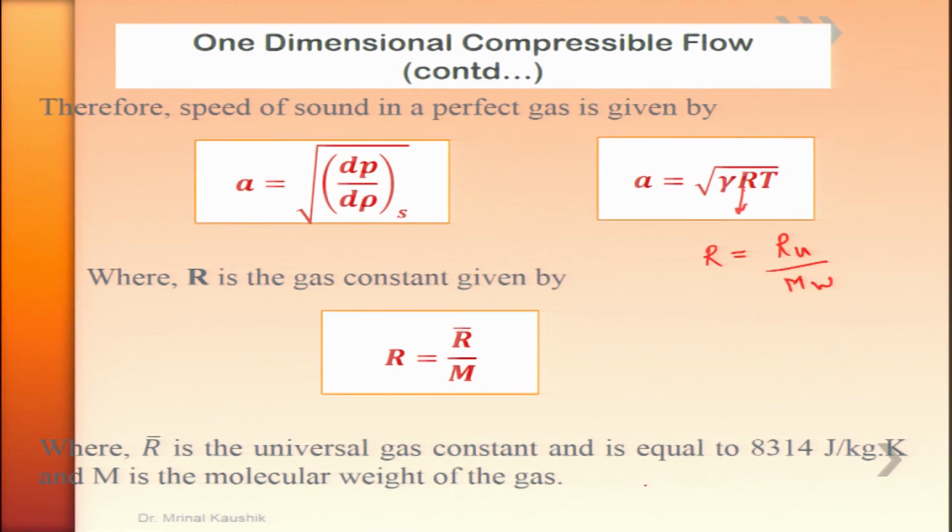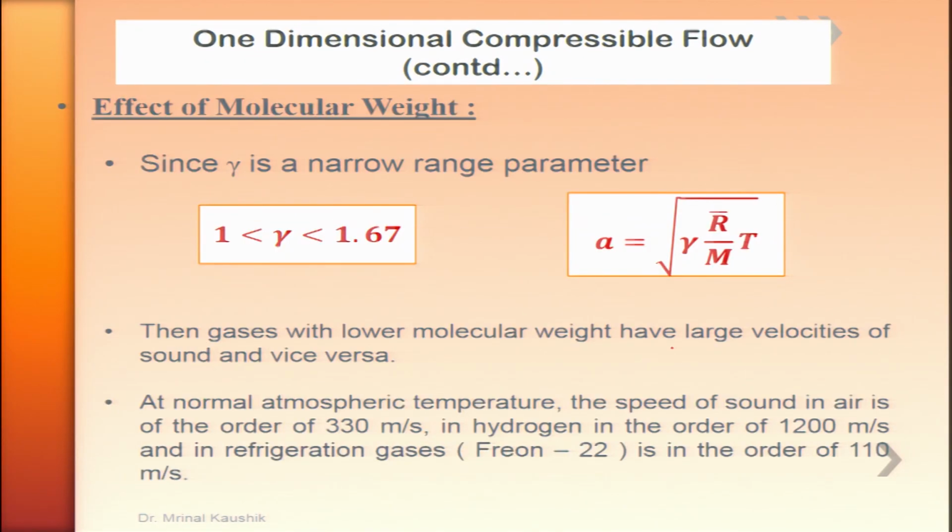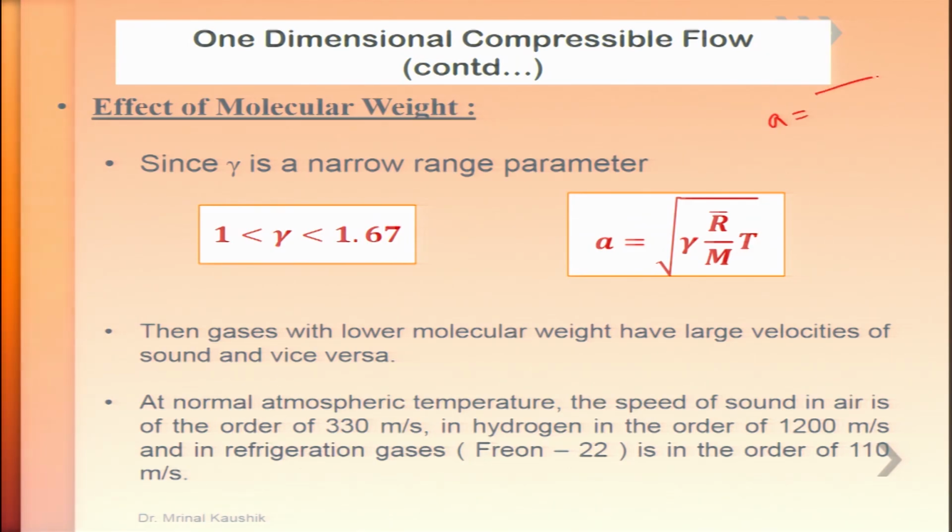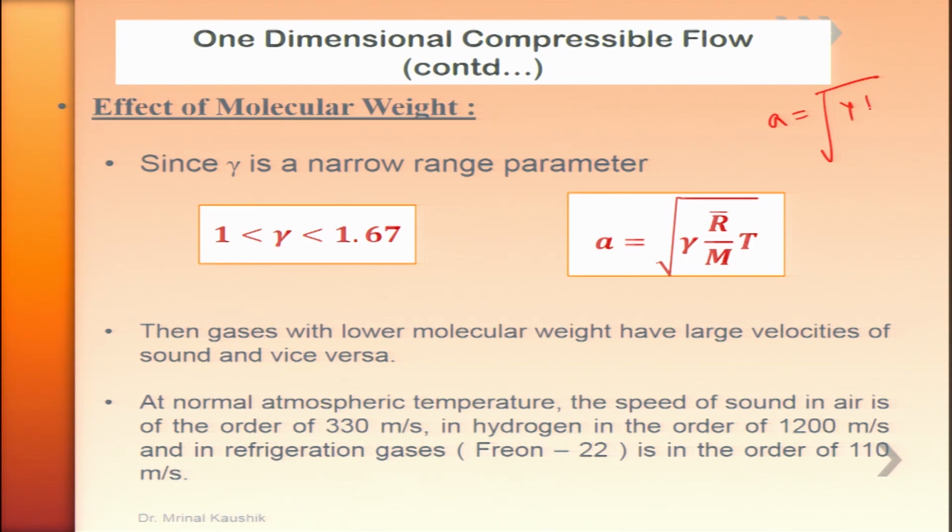That means if this is replaced here, A can be written as the square root of gamma Ru by mw times T. Here I have written Ru rather than R bar, which is the universal gas constant, and this is your molecular weight.